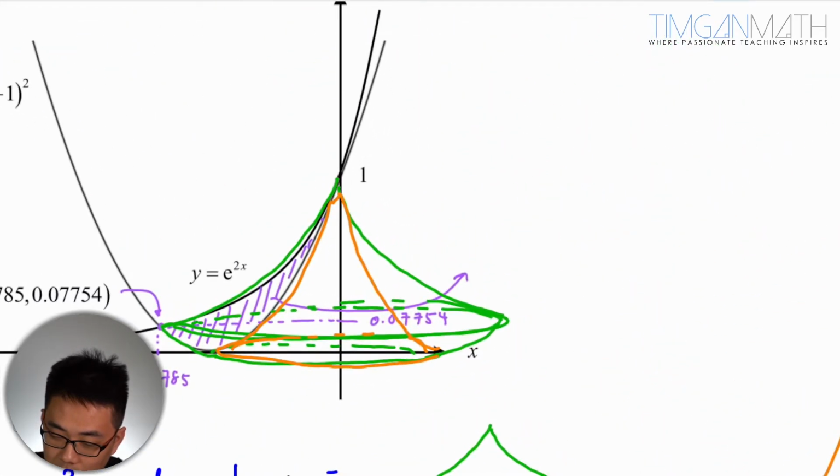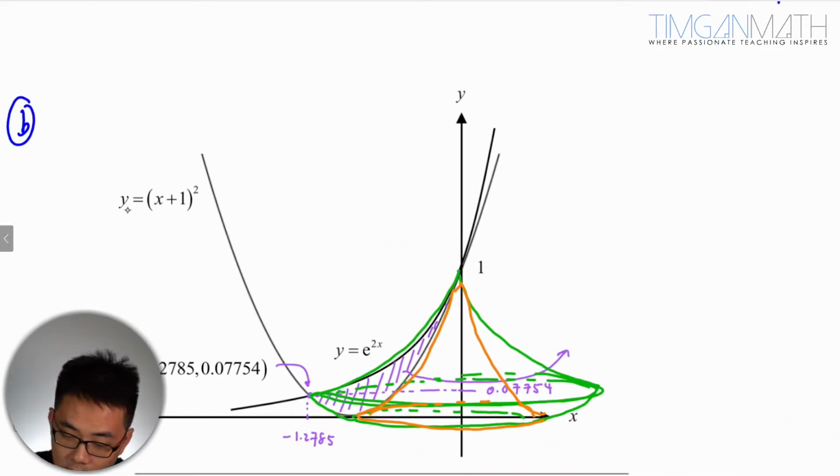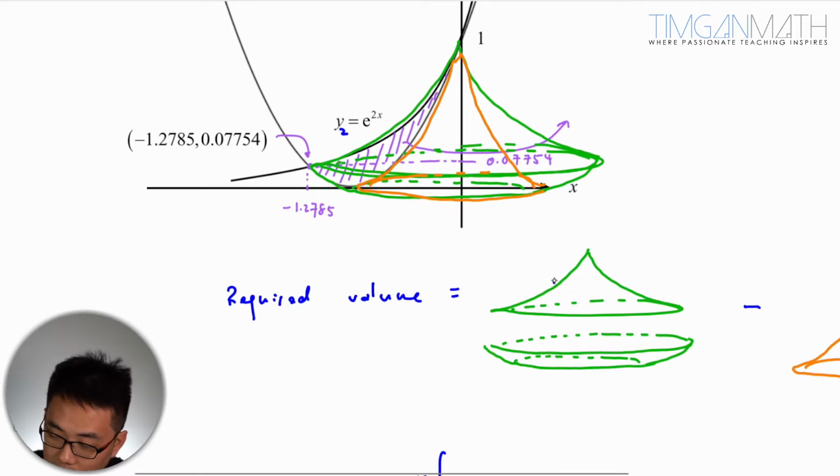Let us just label each. So this is y1, and this is y2. Because this curve here is y2, this is x2 as well.